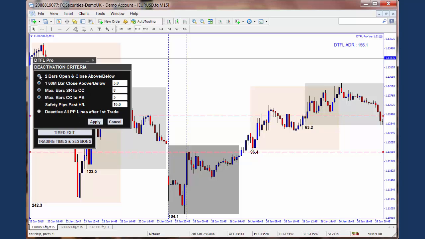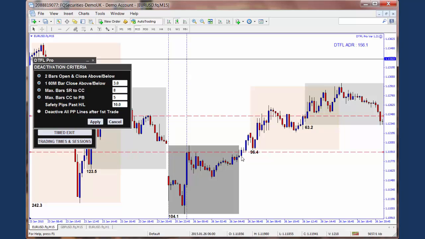The first one is an on-off. You can either choose it or not, which is the 2 bars open and close above a level. I've got an example here. If we look at this PP line, which I've drawn in here, this is the Asian session in grey. This line here is a PP level, and let's assume that the trading time started after Asia.